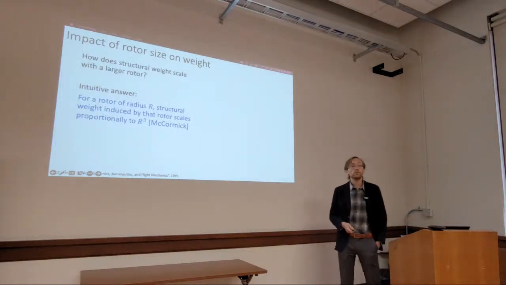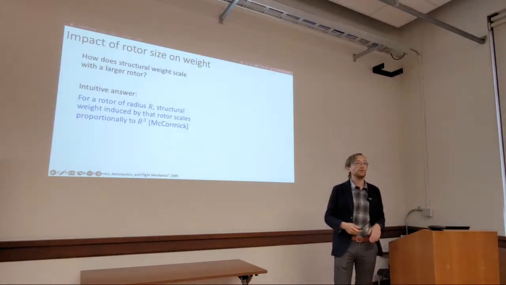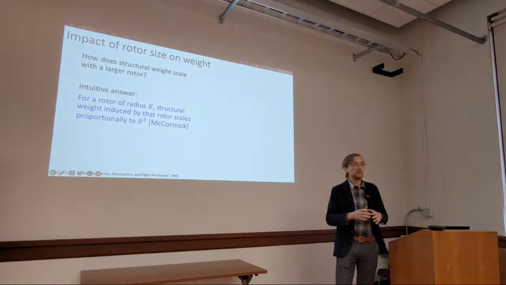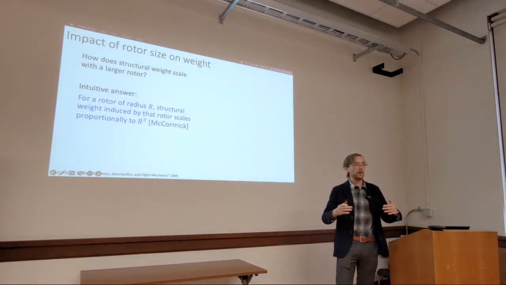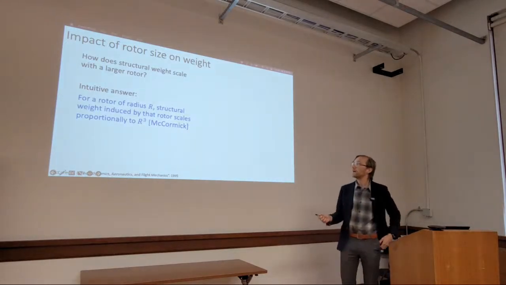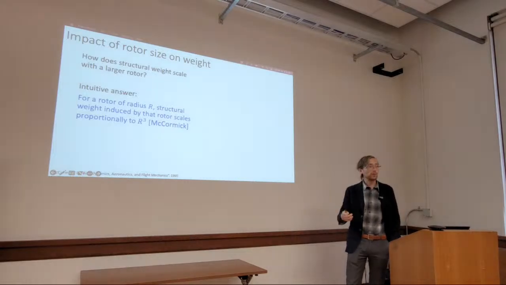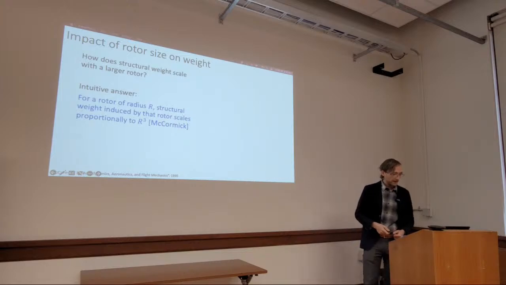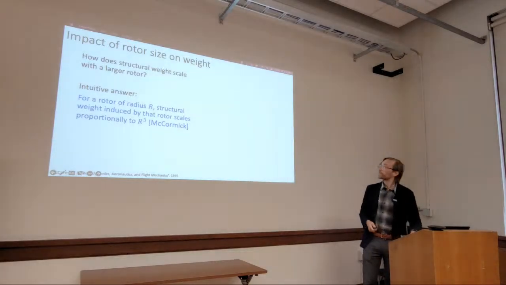The intuition would be to think that if we have a rotor of radius r, the added structural weight required for that rotor scales with r to the power of 3. Because if we scale everything the same way along each dimension, then the weight scales proportionally to the volume, so to r to the power of 3. So, okay, we can assume that.